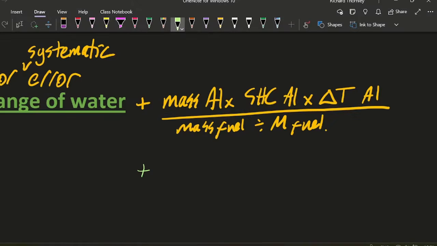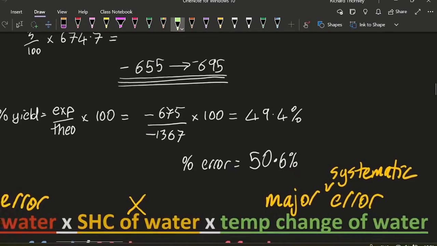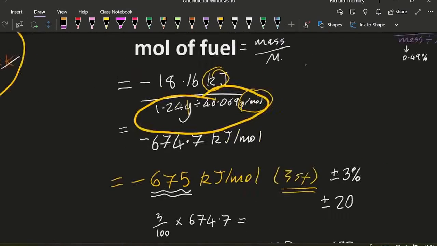So I see 0.9 for aluminium here. So my mass of aluminium is 0.02 kilograms, times 0.9. I'm down to 1 sig fig already. Kilojoules per kilogram per Kelvin. And the temperature change, well, let's just assume it's the same as what it was before. So what was it before?